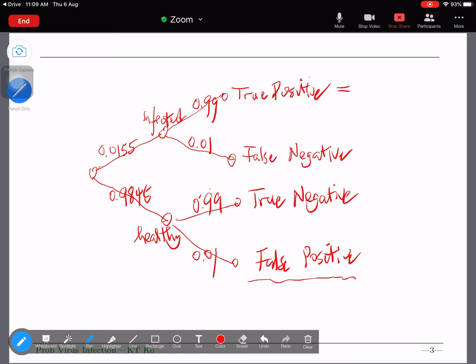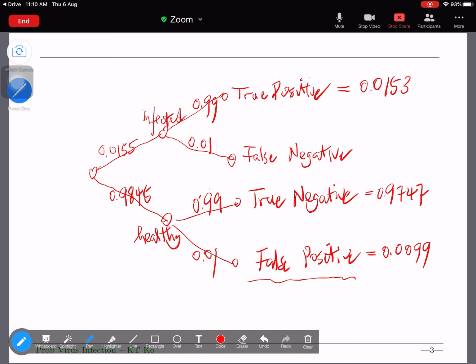Now, in this case, it's just multiply 0.0155 by 0.99, and you should get 0.0153. Okay? And true negative is if you just multiply 0.9845 by 0.99, and that is equal to 0.9747. Okay? And the false positive is 0.9845 times 0.01, which turns out to be 0.0099.